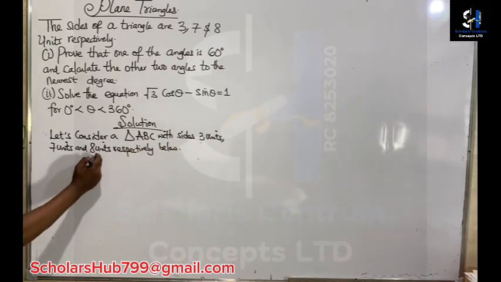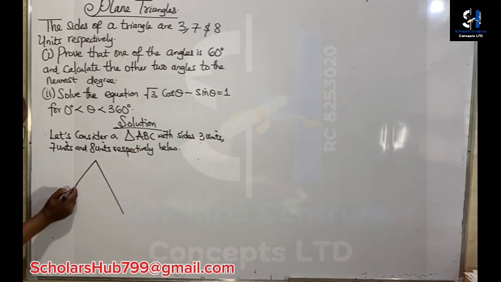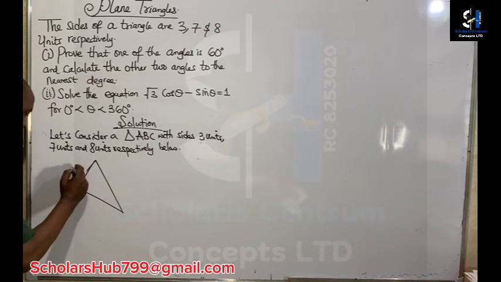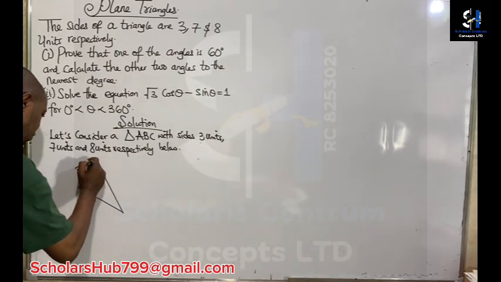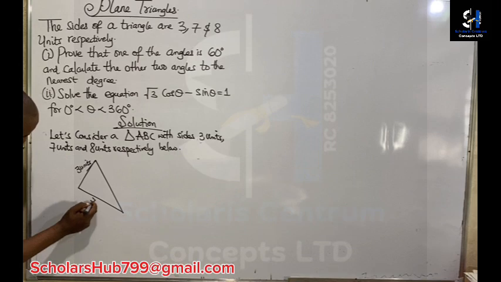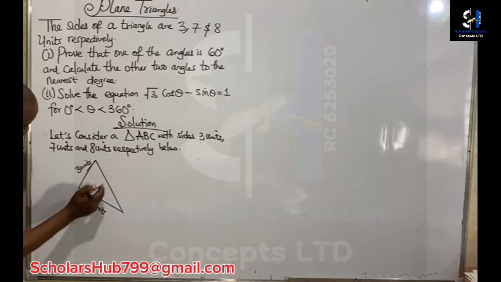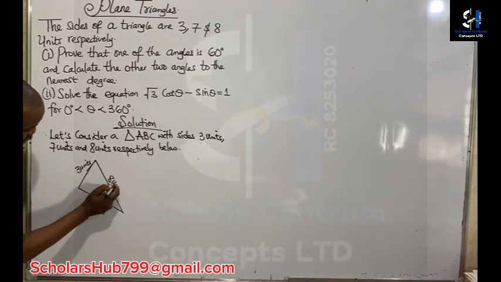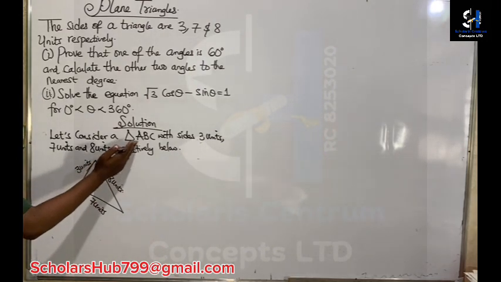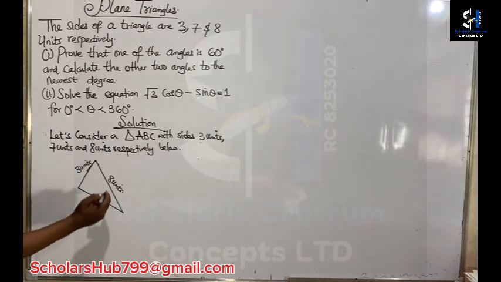Below, we have 3 units, 7 units, and 8 units. Let's say this side is 3 units, then this is 7 units, and this side is 8 units. The triangle is labeled with uppercase letters ABC.